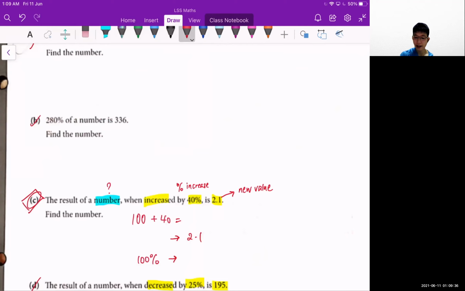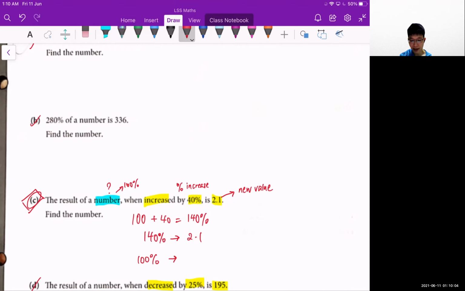So that means, first step, this number over here is 100%, but I don't know what it is. But I know that the new value is 2.1. So for this new value, I need to find out what percent it is first. So 100 plus 40 is 140%. So that means that this new value is 140%.